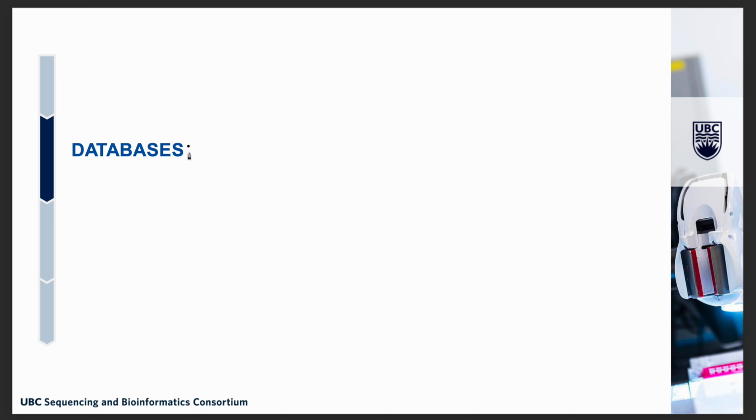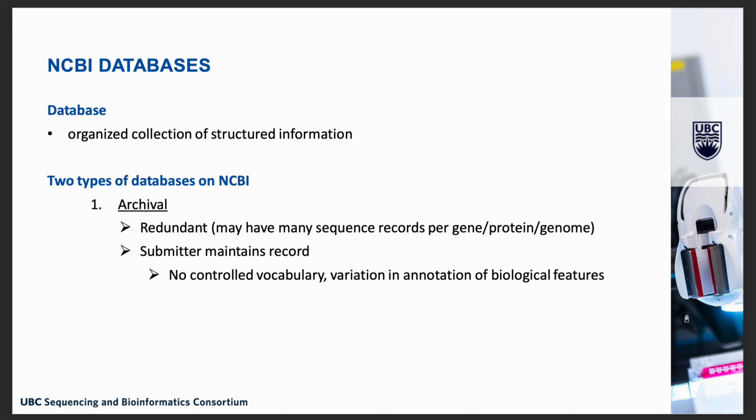And now let's talk about the databases. NCBI databases can be divided into two types. One is archival and the other is curated, and later on we will see the differences between archival databases and curated databases. Actually, the archival databases are redundant. What is the meaning of redundant?